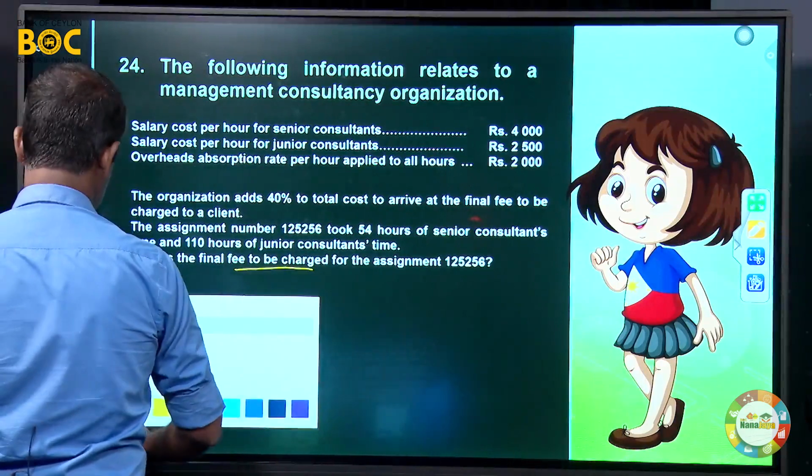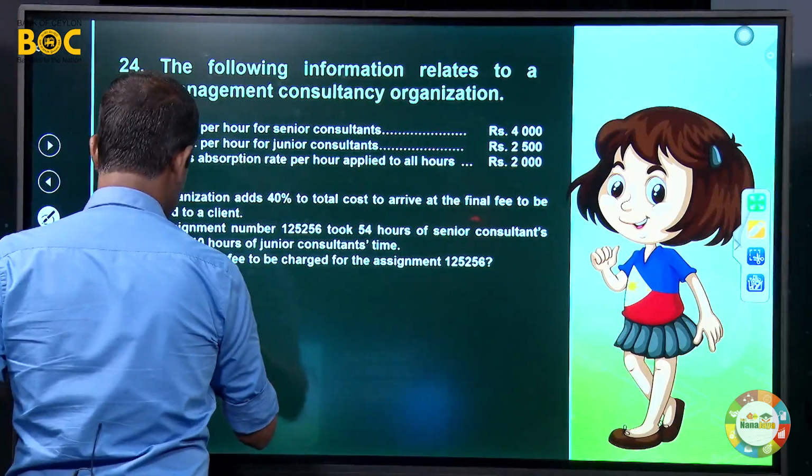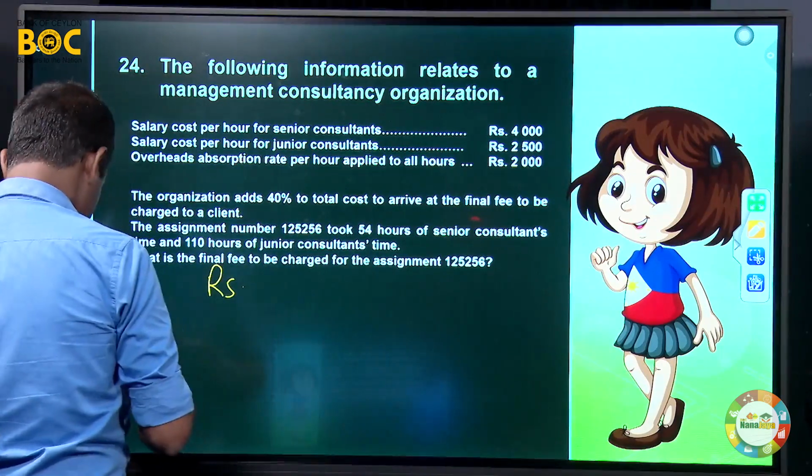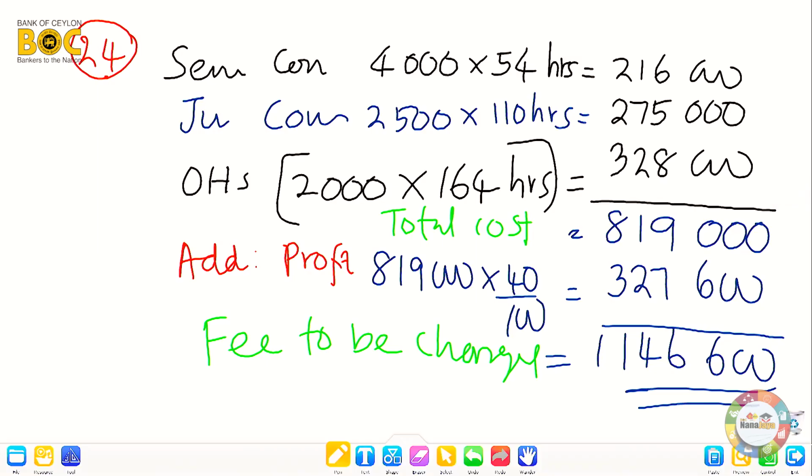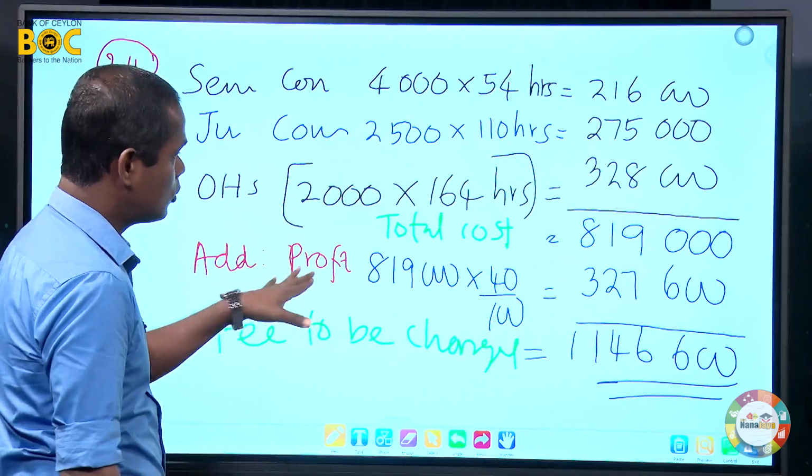The fee to be charged is 1,146,600 for this assignment. How did we calculate? Senior consultant fees 4,000 per hour into 54 hours. Junior consultant 2,500 per hour into 110, plus overheads.